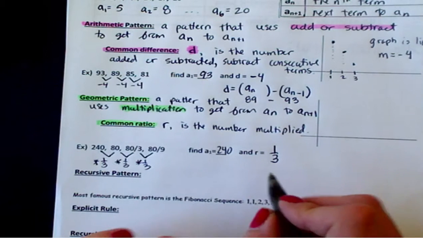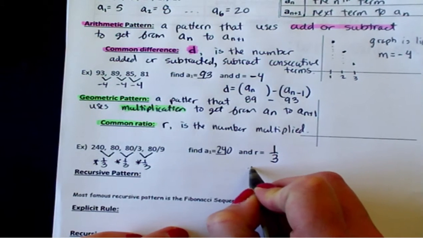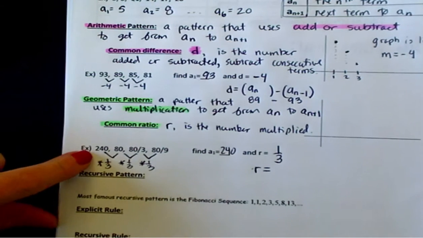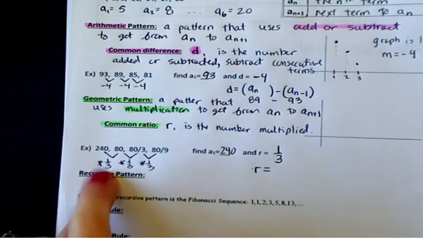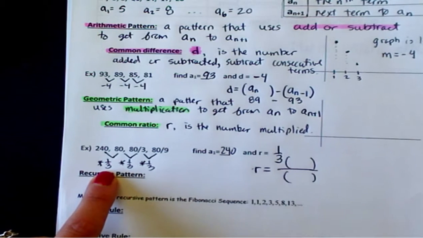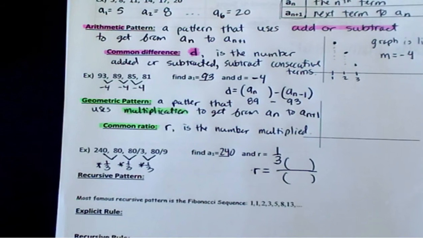Okay, so let's look at it. How do I actually find this common ratio? Look at your example. How can you come up with 1/3 by just using these numbers in the list? What two numbers do you divide?